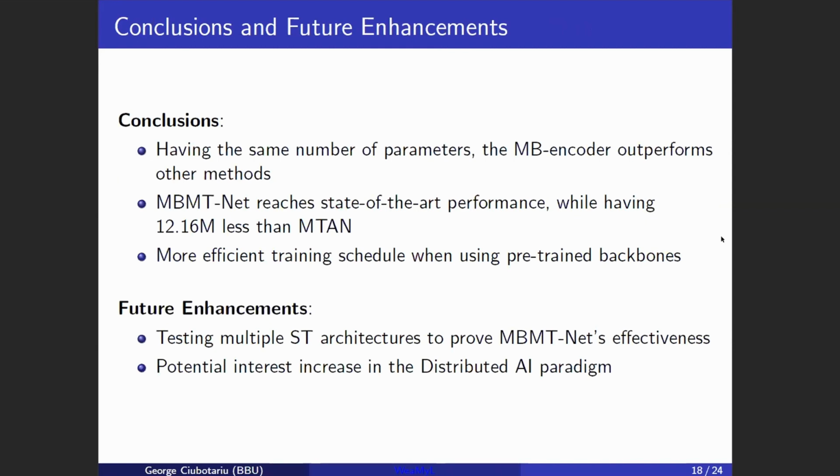And as I've said, the multi-backbone has shown its power and its potential in our experiments. The MBMT-Net has a deficit of 12 million parameters. However, it reaches state-of-the-art performance and almost surpasses it in some points.